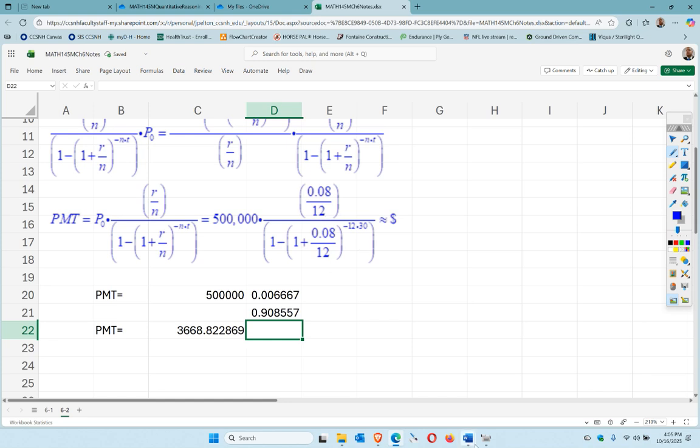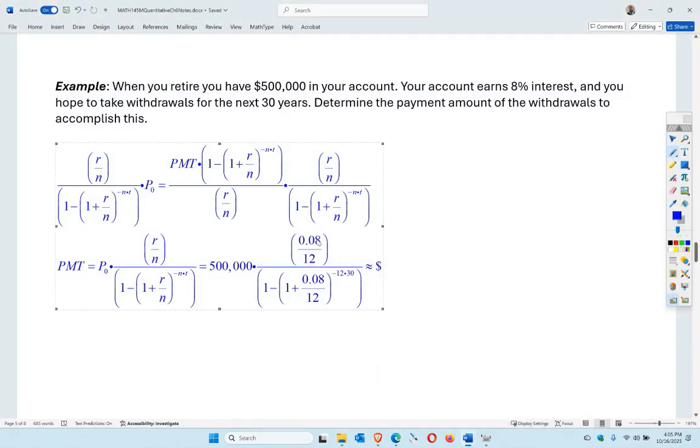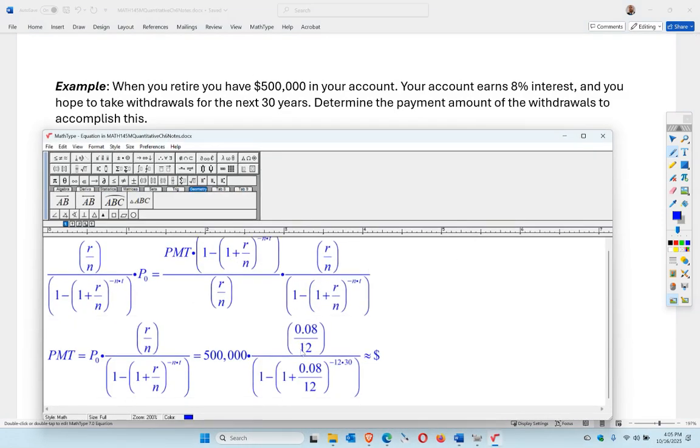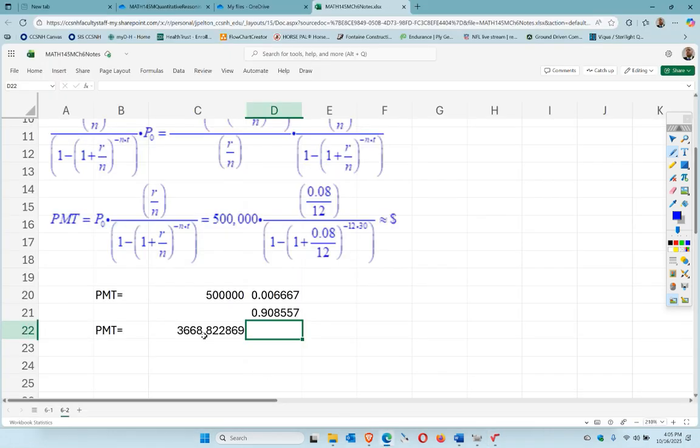This is not 12. This is 1. That's a 1, and that is a 1. Right? Because we determine the payment amount to accomplish this, right? You want to determine the payment amount to accomplish this. Yeah, because what I got there is the amount per month.